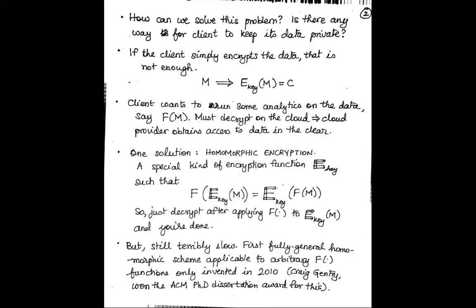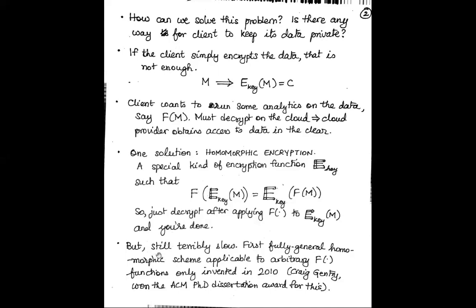Now, the thing about that encryption scheme is that it's the first fully general homomorphic encryption scheme, which means it applies to arbitrary functions, okay? And it works in all cases for arbitrary f. The only problem is that this kind of encryption is still terribly slow. Right now, algorithms may improve, technology may improve, and we might still see homomorphic encryption becoming practical in our lifetime, maybe.